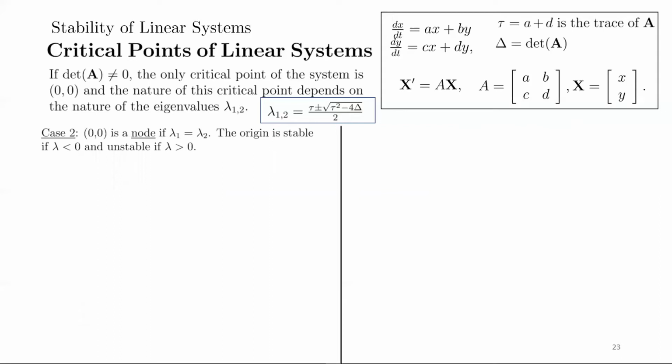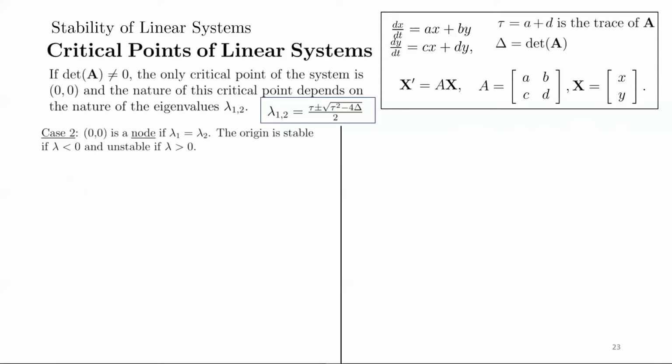The critical point 0, 0 is a node if lambda 1 equals lambda 2. So now we have two real eigenvalues, but it's repeated. So maybe you would say a single eigenvalue of multiplicity 2. It turns out that if these two eigenvalues are equal, then we have a node again.